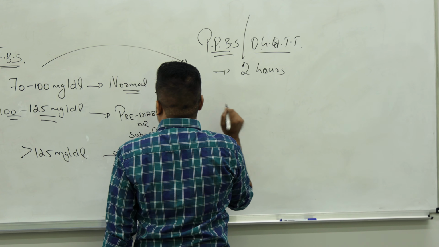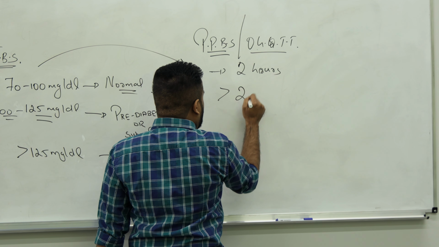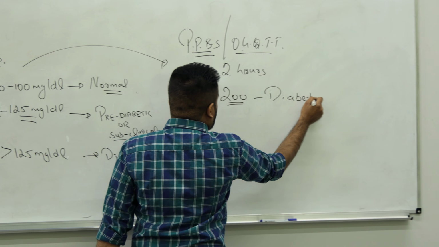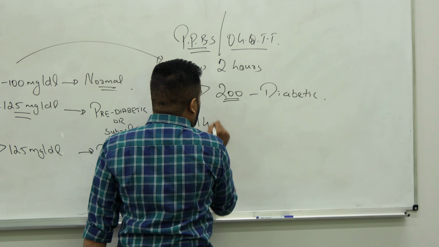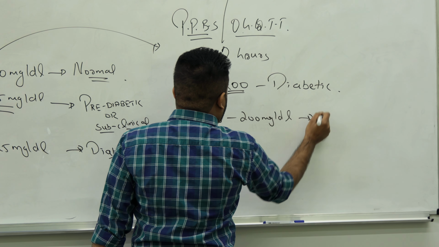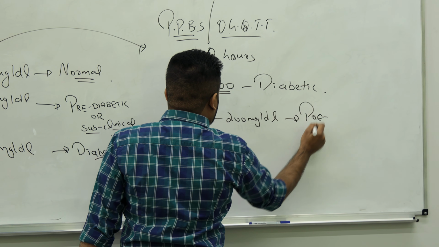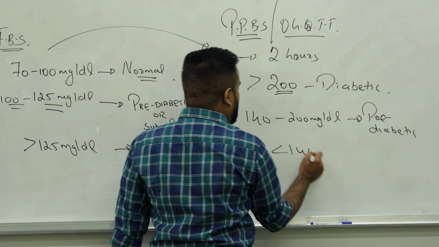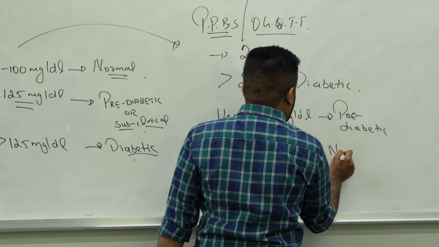If the level is more than 200 again, my God, this patient is diabetic. If it is between 140 to 200 milligram per deciliter, again I can call him pre-diabetic. But if it is less than 140, that patient is completely normal.